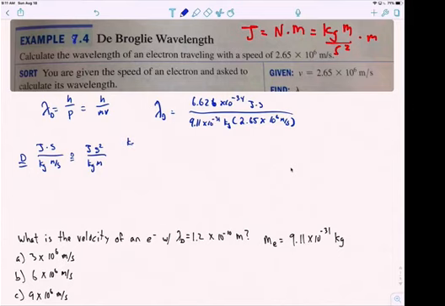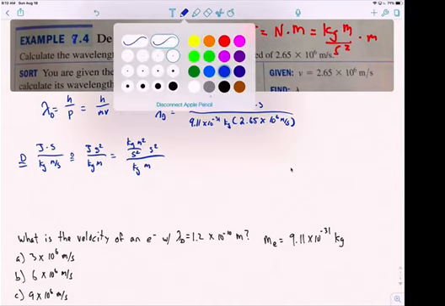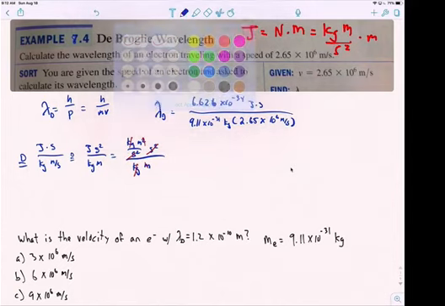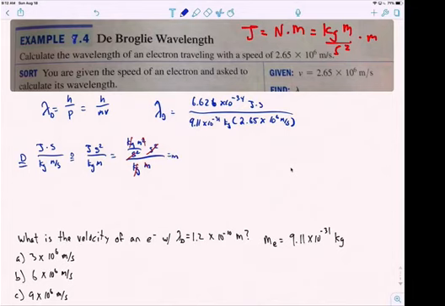A Newton is mass times acceleration, and acceleration is meters per second squared. So that's a joule, seconds squared all over a kilogram meter. Looking at the units, kilograms cancel, seconds cancel, and one of the meters cancels. So we're left with a meter.